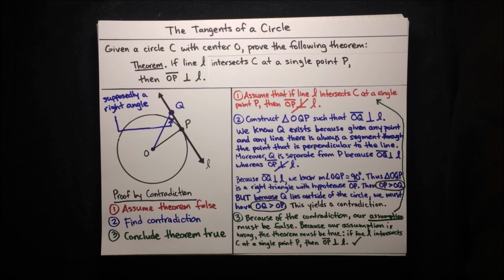Bulletproof argument that the tangent line is perpendicular to the radius. You can bet your life on it, it's true. Alright, great. So now we know a bit about the tangents of a circle, and in the future we'll continue to learn even more circle geometry.